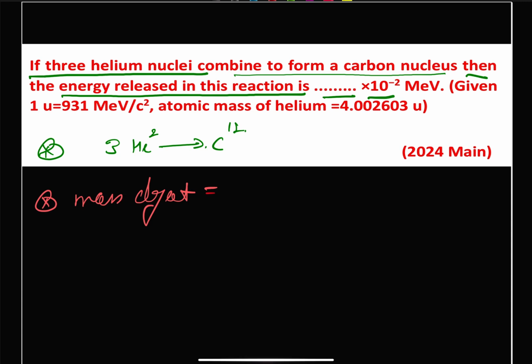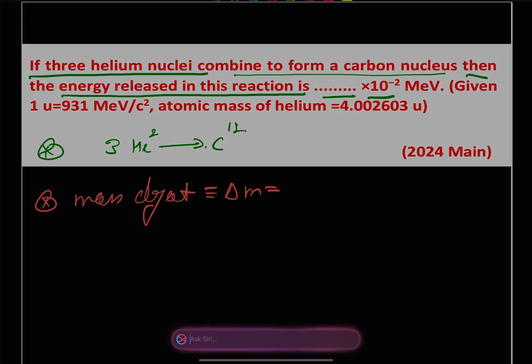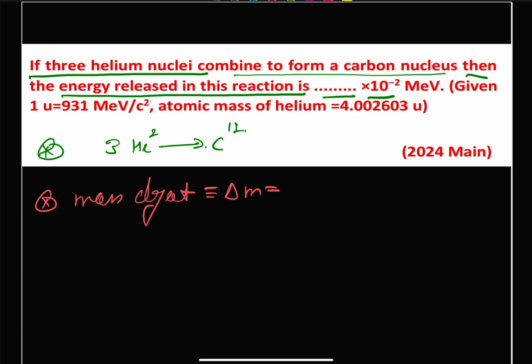So in this case also we are going to use the mass defect, and the reaction that is given to us is that 3 helium is going to combine, giving us a carbon 12, and so we get our mass defect, which will be delta M is equal to mass of reactant, that is 3 times mass of helium 2, minus mass of carbon 12, and mass of carbon 12 is exactly 12.